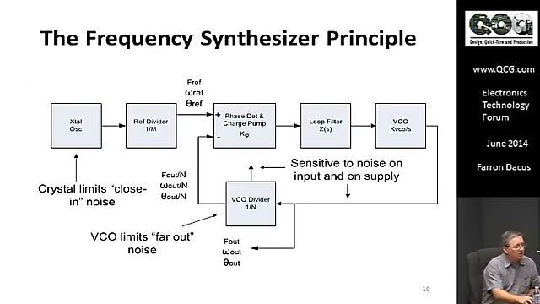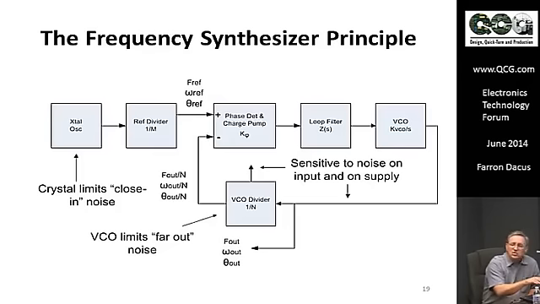So here's a block diagram of a frequency synthesizer. You've got a crystal oscillator. You may divide, say this is 10 megahertz, you may divide this down to say 100 kilohertz and have 100 kilohertz steps. You've got a phase detector for comparing that reference frequency to the divided VCO frequency. You take that output signal, filter it, and that becomes what we call a steering voltage to the VCO.